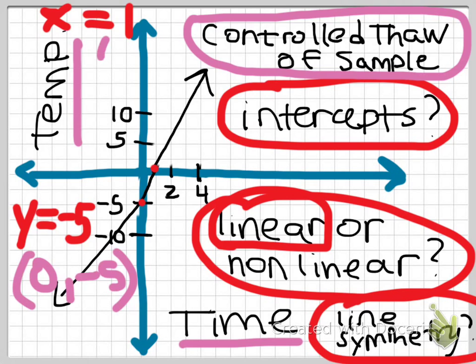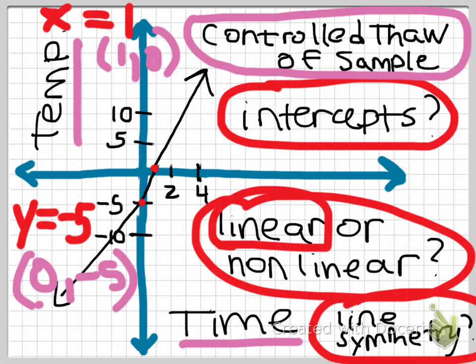So we're basically describing the point. And like I said before, if it's x equals 1 and the ordered pair is 1, 0, that means after 1 hour, the temperature is 0 degrees. And back to the y-intercept, after no time has passed, that means -5 degrees. So basically when you start the process of thawing, it's -5 degrees.